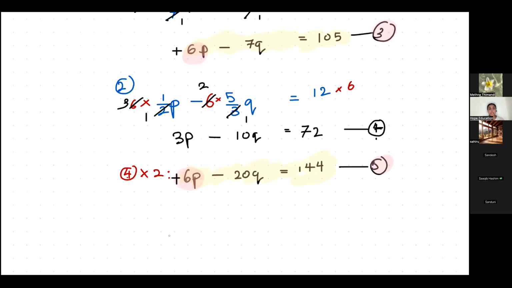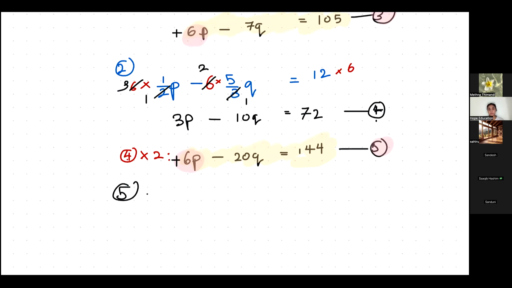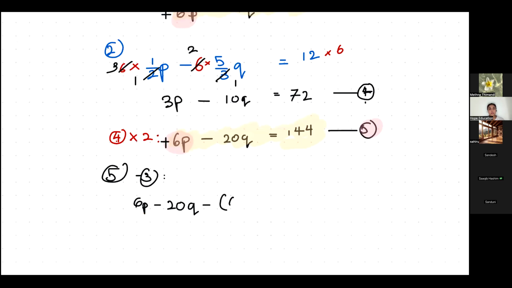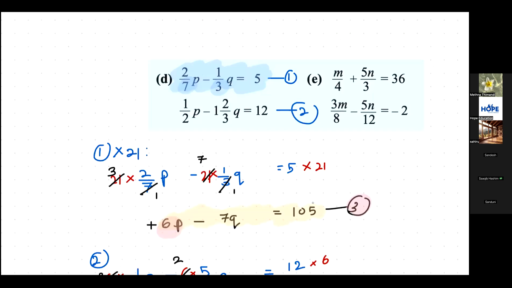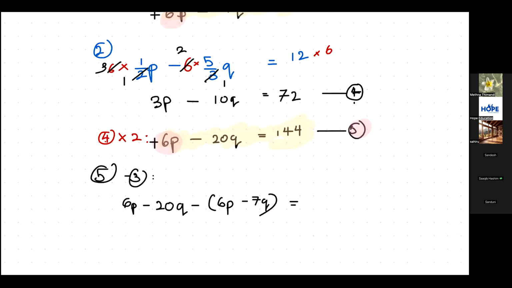So, equation 5 minus equation 3. On this side of equation 5 we have 6p minus 20q, minus here we have 6p minus 7q, equals 144.